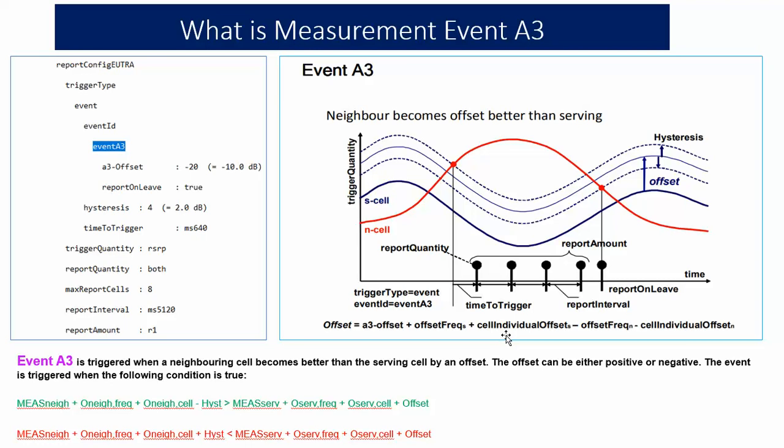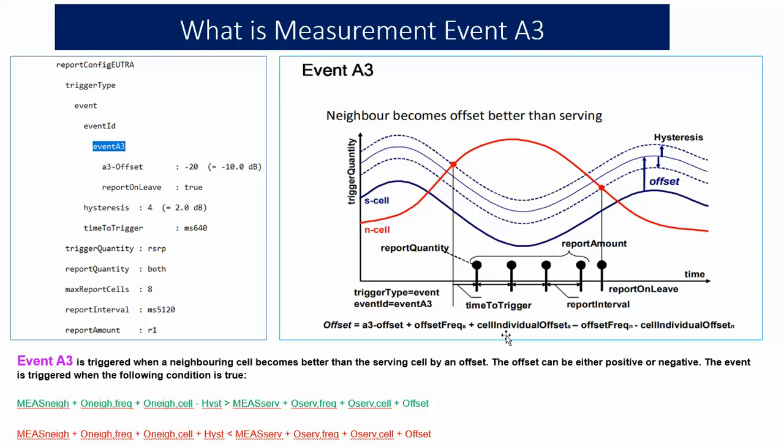It's a special case, used when you want to reduce the boundary of the cell; at that time the cell individual offset is used. Suppose in the handover criteria the threshold is defined as minus 115, but if we want to reduce the cell, we can reduce the cell individual offset value.